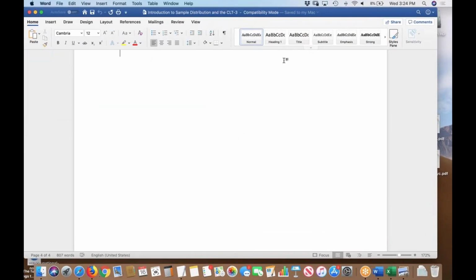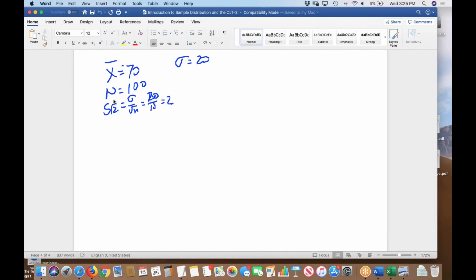So if I go back to my little construct here, I said my mean for my sample was 70, the standard deviation of the population was 20, and my sample size was 100, right? My standard error is equal to sigma over the square root of n, which is 20 over the square root of 100, which is 20 over 10, equal to 2.